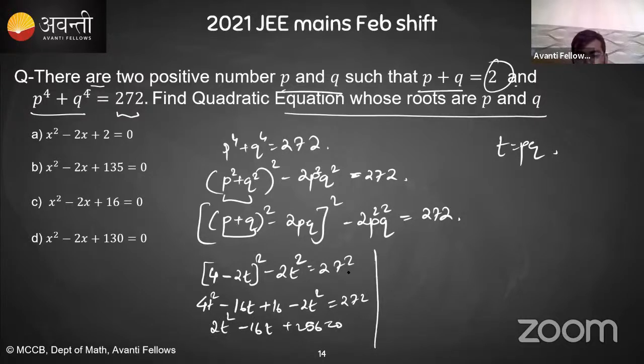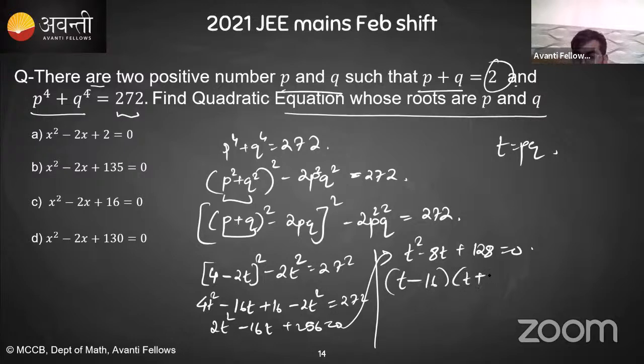So this can be written as t square minus 8t plus 128 equals 0. So we know that 16 times 8 is 128. So we can write (t minus 16) into (t plus 8) equals 0.